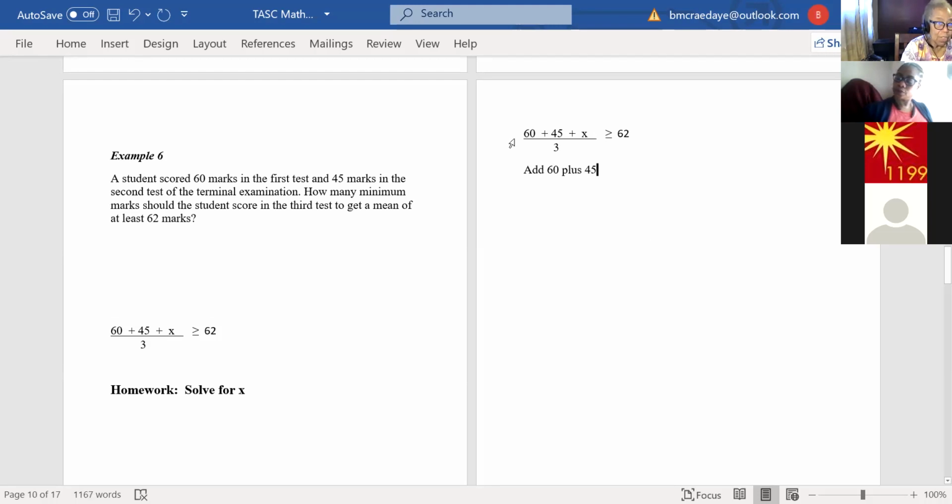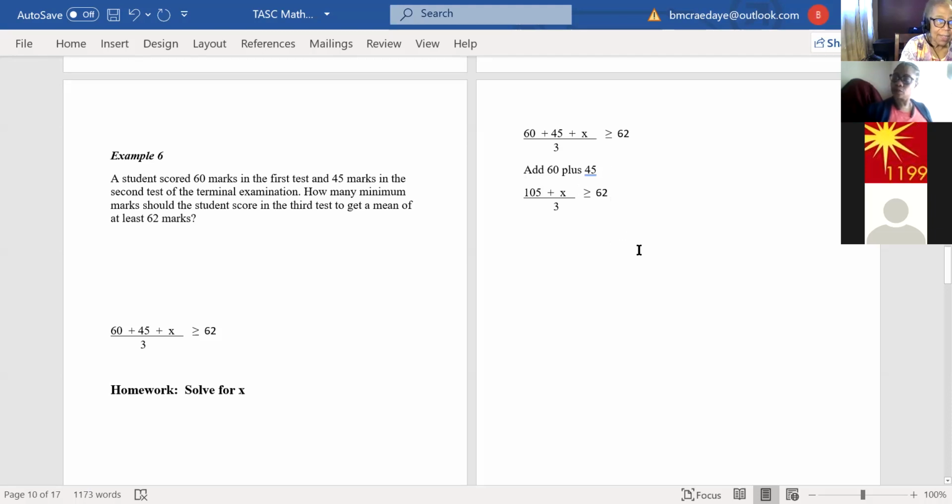So this becomes what? You said you added 60 to 45 and you got 105, right? So 105 plus X over 3 greater than or equal to 62.